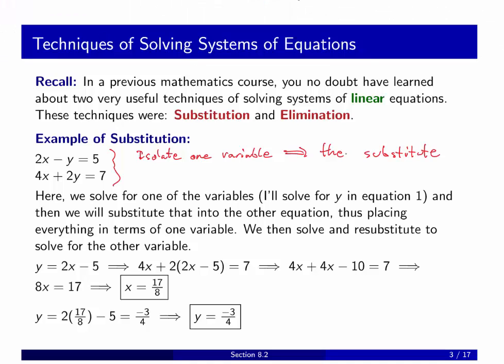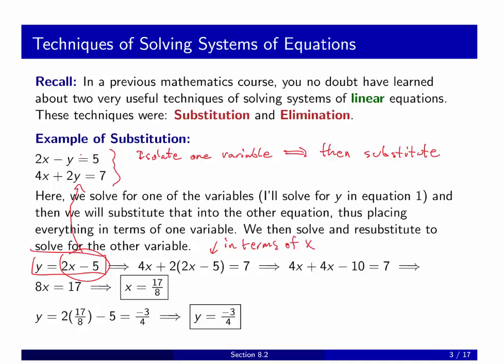And what that means is here I isolated y. Okay, see, I isolated y equals 2x minus 5. That's from the first question. Then I substituted 2x minus 5 in for y into the second equation. What this does is now everything's in terms of x, therefore you can solve it.